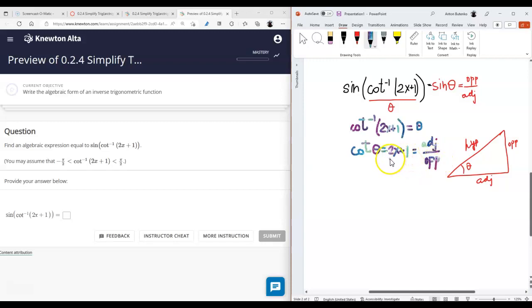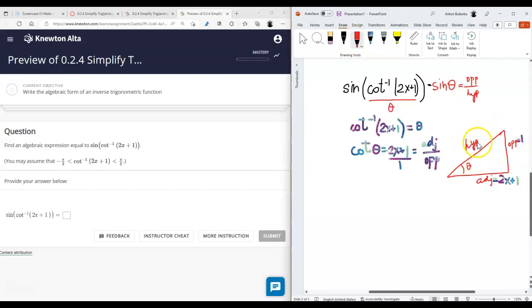So now, as long as we put this 2x plus 1 over some denominator 1, so we don't ruin this expression, now we can actually label this triangle as having adjacent side 2x plus 1 and having the opposite side equal to 1. And I think I made a terrible mistake here by calling sine opposite over adjacent. It's opposite over hypotenuse, clearly, right?